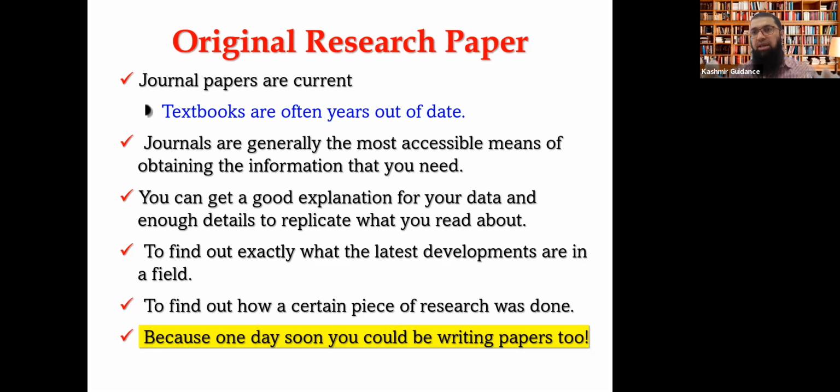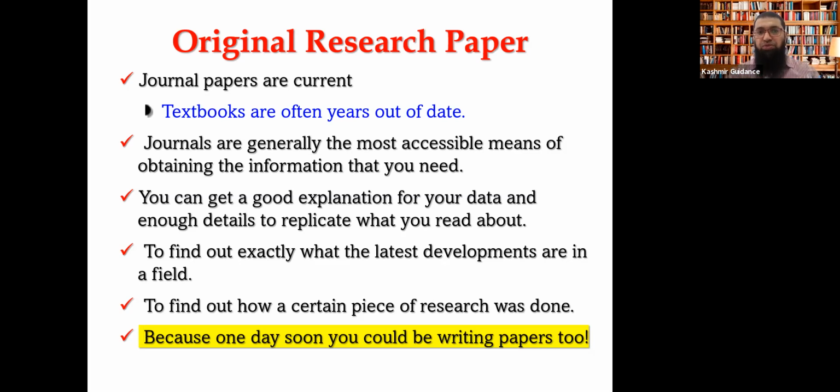For example, if you are in the superconductor field, or in the biotechnology field, and your topic is nanotechnological application in agriculture, when you read research papers regarding the same issues, you can understand what type of methodology they have used, how they have written their introduction, how they have interpreted their results, and how they have discussed their results.